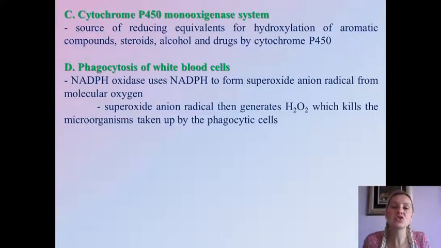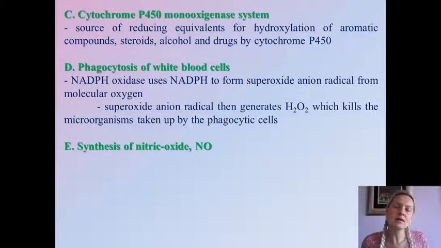And hydrogen peroxide is the one very popular nowadays in the scope of whether it can kill coronaviruses or not. But in our system, in phagocytic cells, hydrogen peroxide is responsible for killing the microorganisms which are taken up by our phagocytic cells and white blood cells as well.